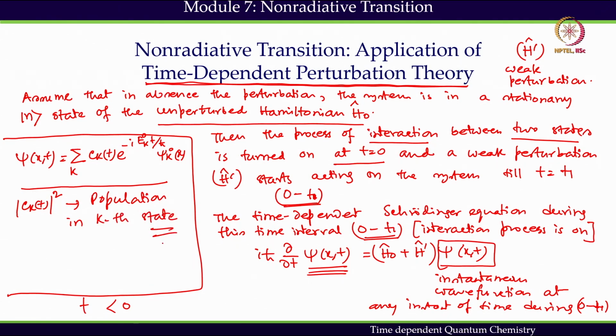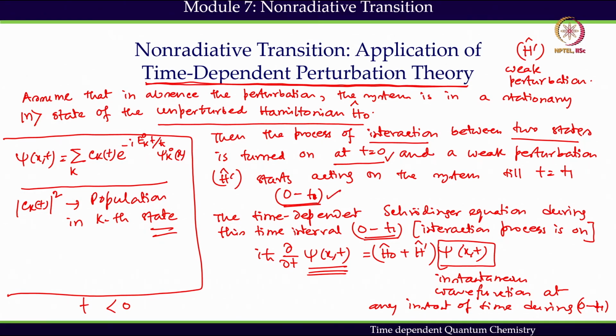So this is the general idea of any time dependent perturbative approach, where we will first find out all the possible states associated with the unperturbed Hamiltonian, that's the spectrum of the system, before the interaction. Then the interaction process will be turned on at 0 time, and it will be kept on for a certain time.